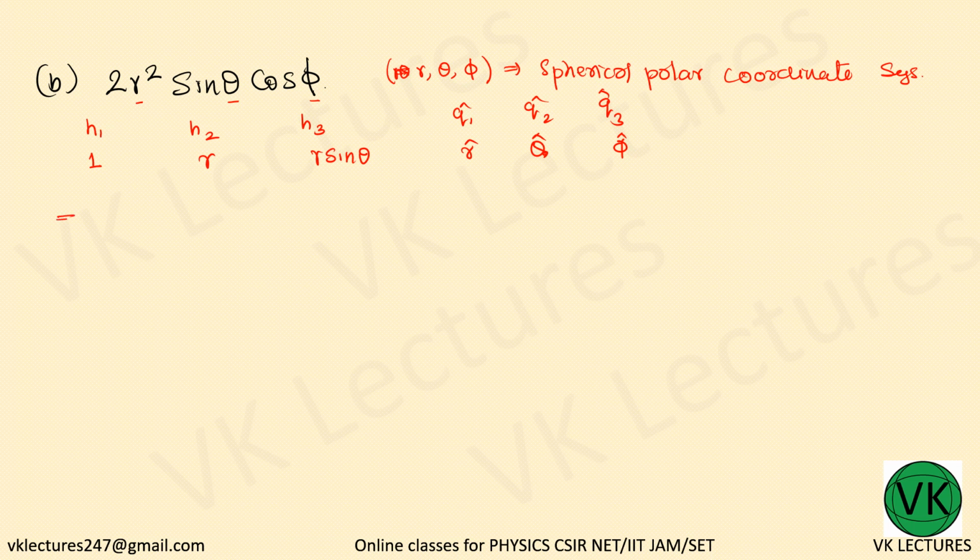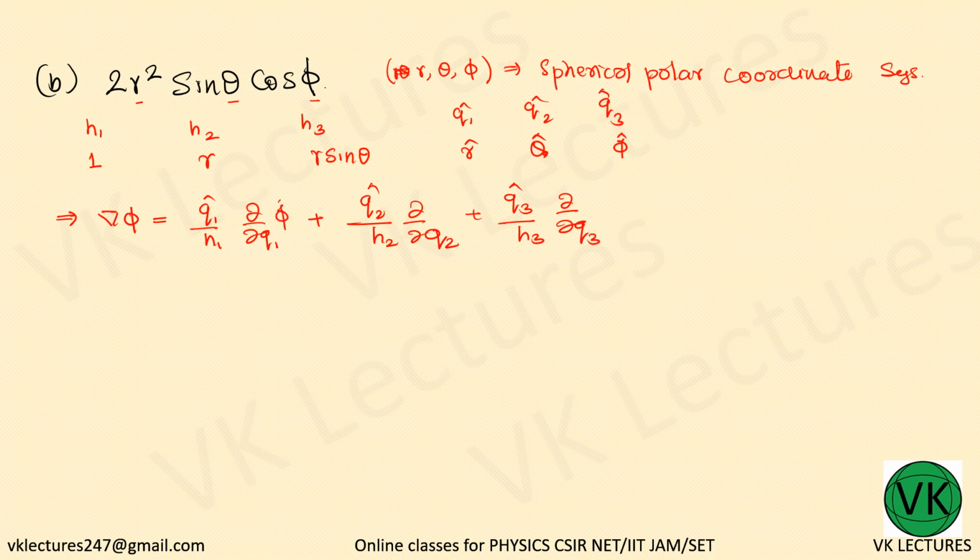So what is del phi now? Del phi is equal to q1 cap by h1 dou by dou q1 plus q2 cap by h2 dou by dou q2 plus q3 cap by h3 dou by dou q3.